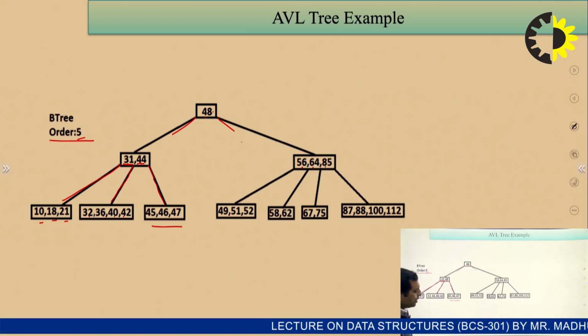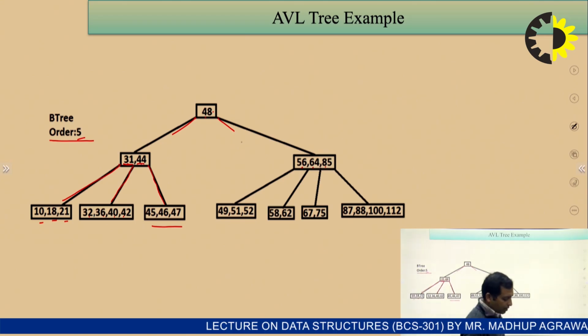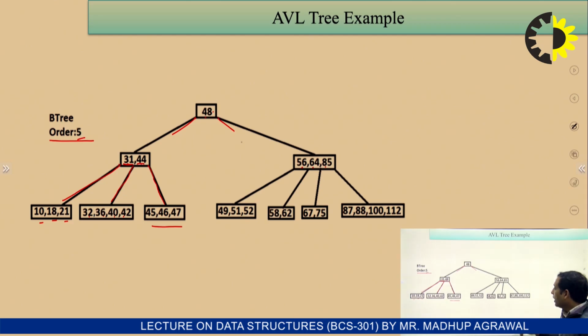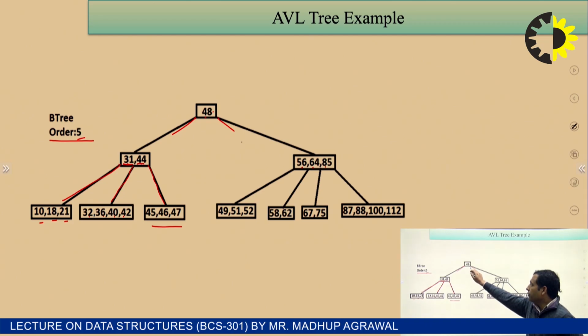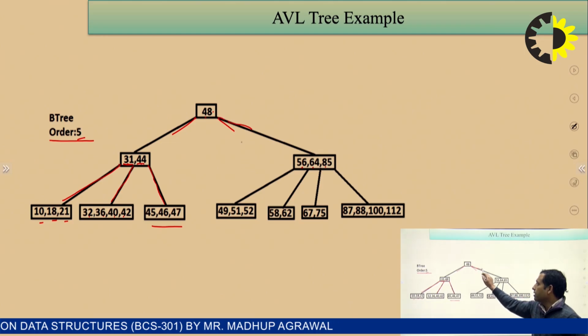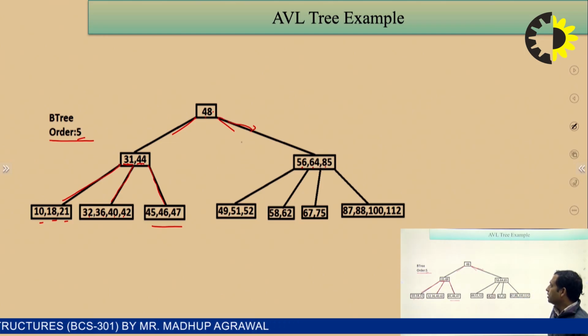So this is a generalization of the BST, and if a value is larger than 48, then come to the right side, that is 56, 64, 85 and so on. So this is what we have seen in general.